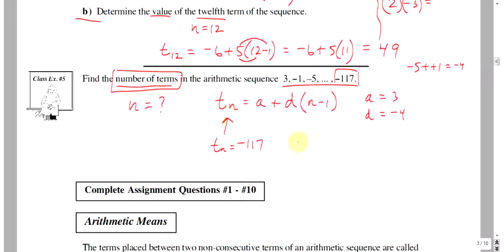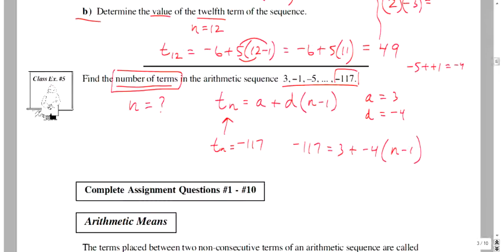So, substitution. T to the n equals a plus d times n minus 1. One equation, one variable, I can solve this. I hope.